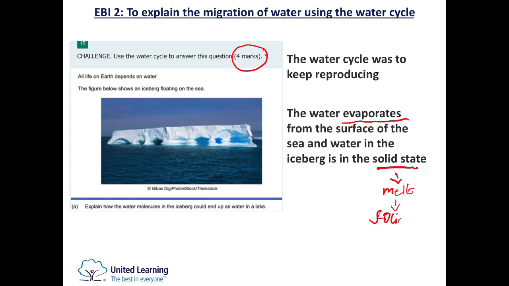Melting is when a solid turns into a liquid, right? So when the ice turns into water. But this will also not get a mark. So these two answers will not get a mark simply because they haven't really mentioned the whole water cycle. What is happening in that water cycle?